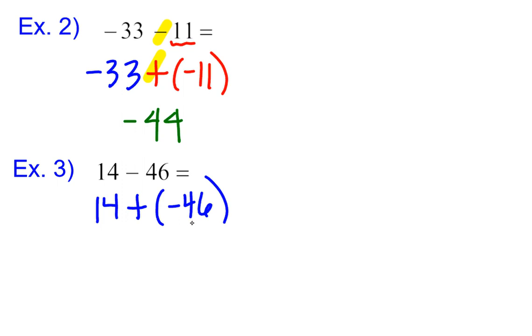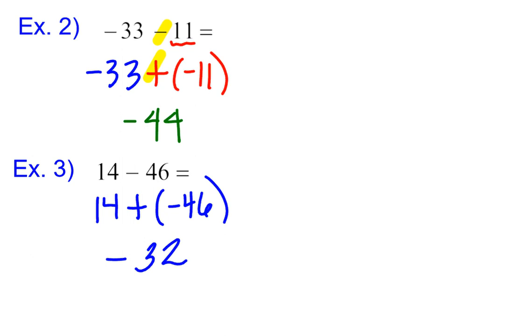Which has the greater absolute value? Negative 46 is further away from 0 than 14, so there's more value here. So we know we're going to end up with more negatives, but we want the difference between these two numbers. So we need to subtract 46 and 14, and we get 32. So our answer becomes negative 32. The difference of the numbers, with more negatives than positives, or a further absolute value.